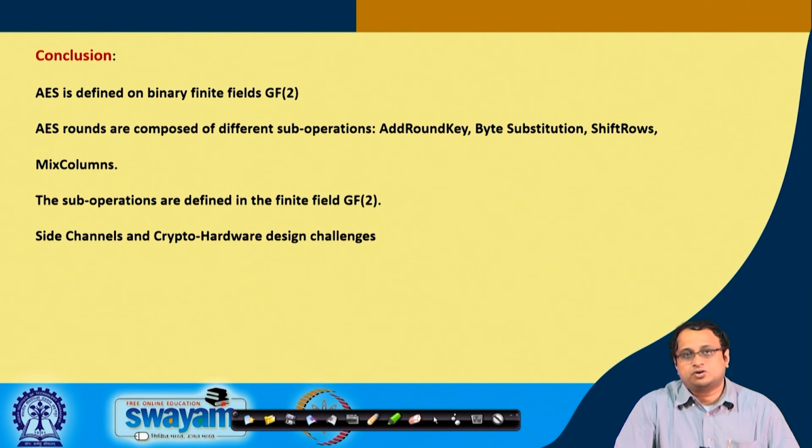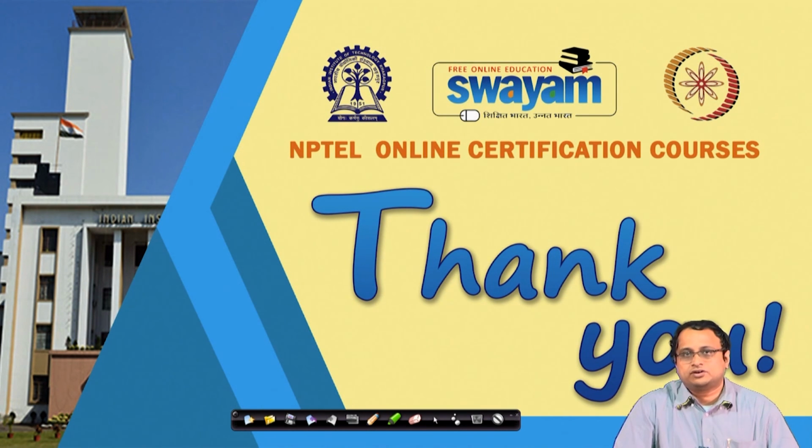We also discussed what side channels are, and reflected that if you really want end-to-end cryptographic hardware, then you need to look into not only performance but also these threats. That we will see in the following classes, where we will try to understand not only the attacks but also how to counter them. With this, I would like to thank you for your time.